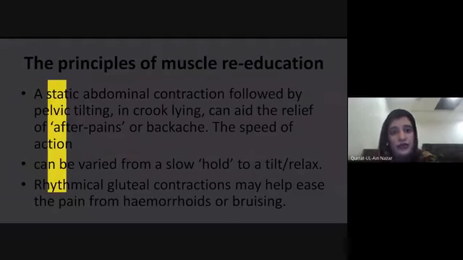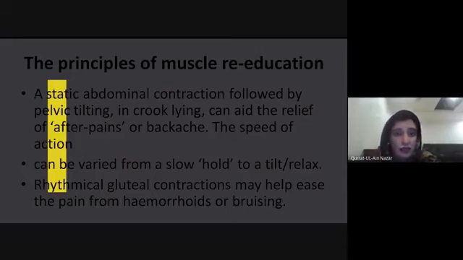Watching the movement and placing a hand on the abdomen can increase the facilitation of the contractions. It is important to emphasize that once the exercises have been learned, it is not necessary to practice them whilst lying down. They can be integrated into the daily routine, for instance, while waiting for the kettle to boil. This increases compliance.